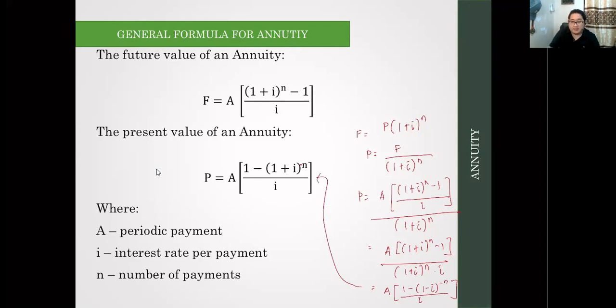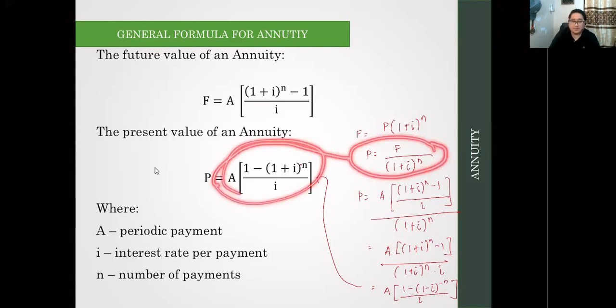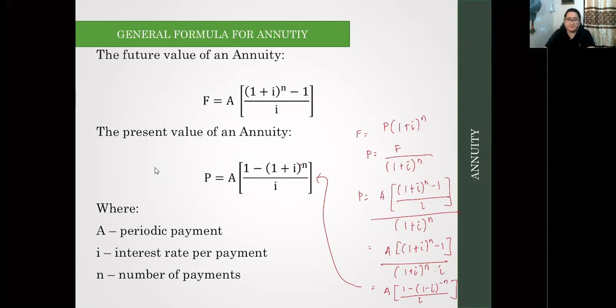Okay? So, doon ang galing yan. So, kung halimbawa may given naman na future value, pwede nyo gamitin tong formula na to as substitute for dito sa formulang to. Okay? And then yung I natin is interest rate per payment and N natin is number of payment. Okay?